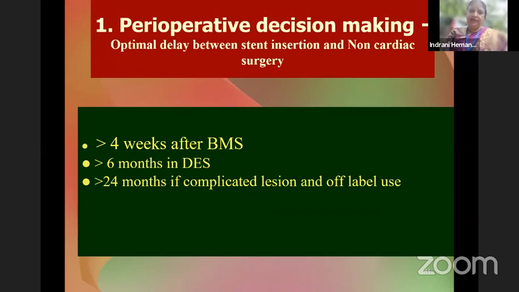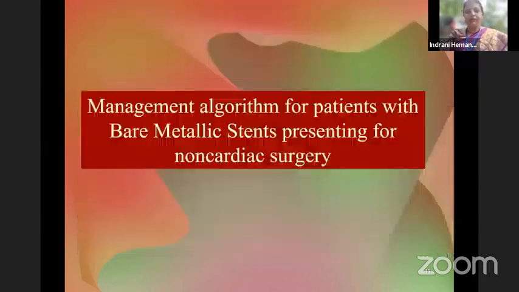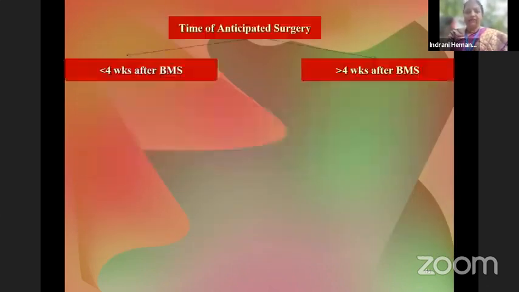So, as I said, the optimal delay, I'm repeating again, is more than 4 weeks after BMS, more than 6 months after DES, and more than 24 months if complicated lesions are there and if the patient has had off-label use of stents. Coming to the algorithm for patients with bare metallic stents presenting for non-cardiac surgery.